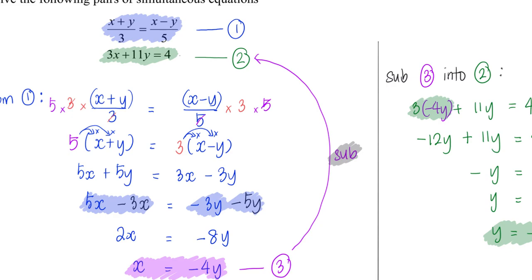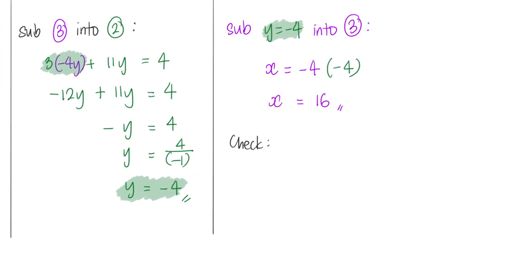(x plus y) over 3 and (x minus y) over 5. Okay, so this will be equal to, since I now know my x is 16 plus y.